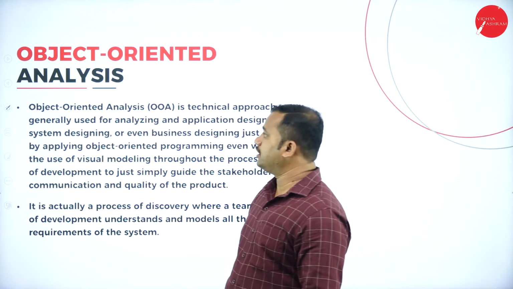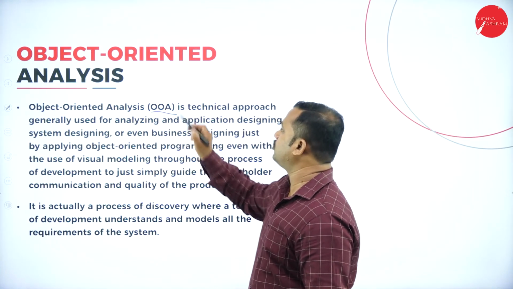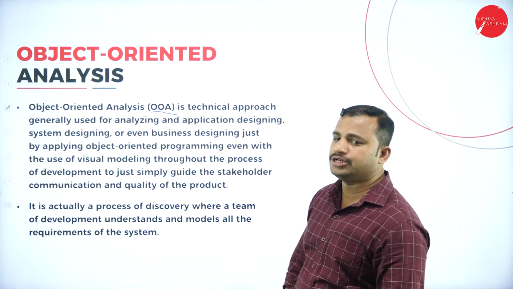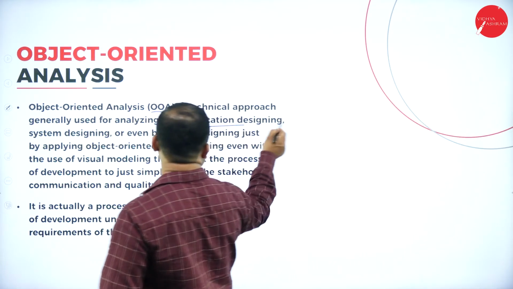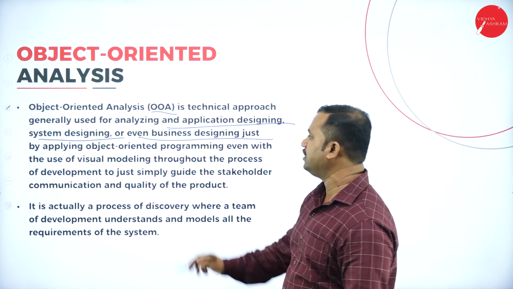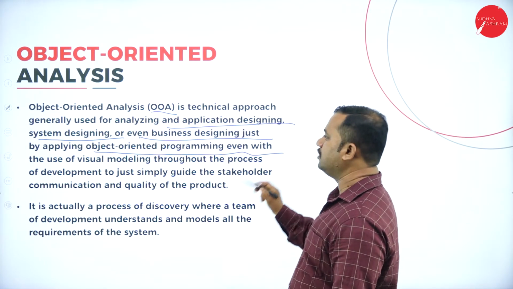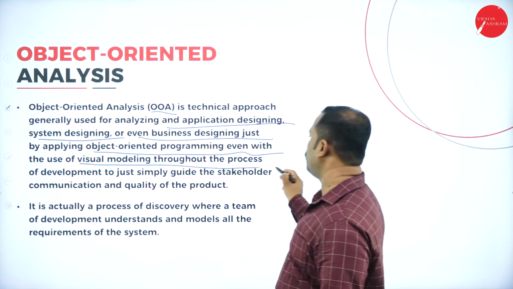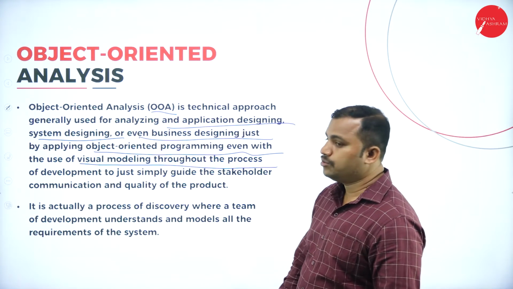Moving on to the object-oriented analysis. It is a technical approach generally used to analyze and design applications, systems, even business designing, by applying object-oriented programming, even with visual modeling throughout the process of development. What does this mean?